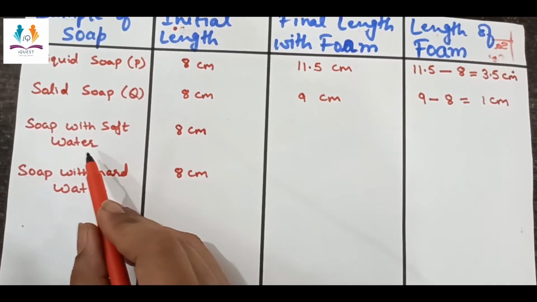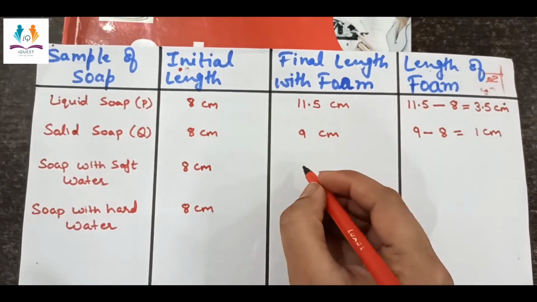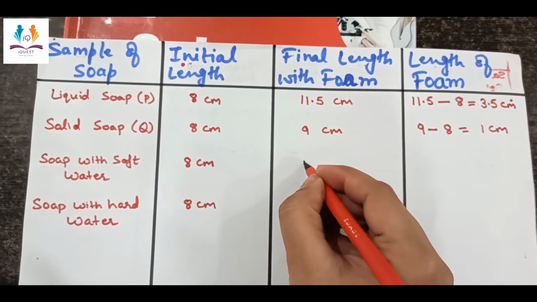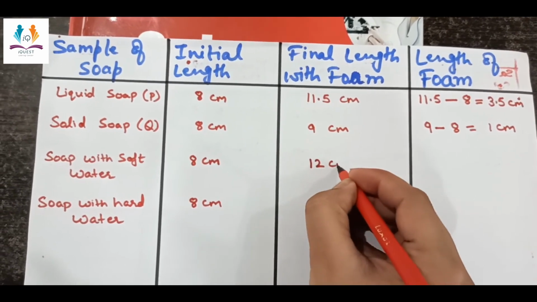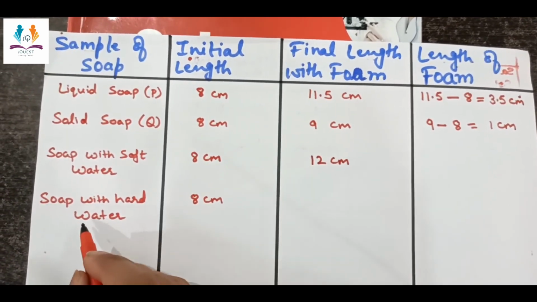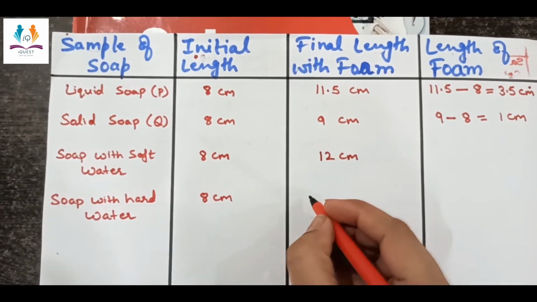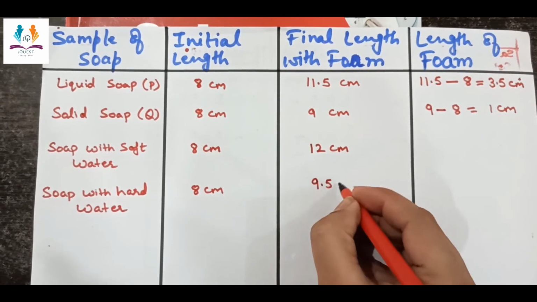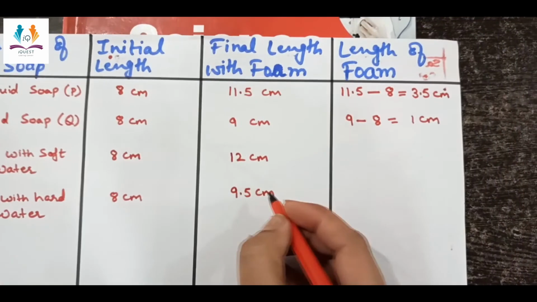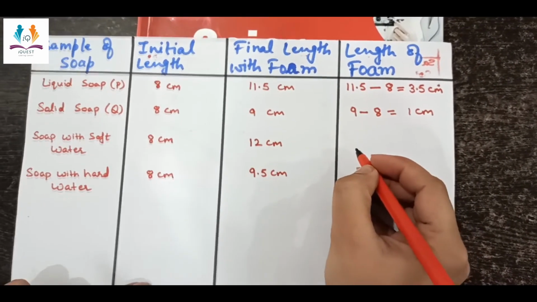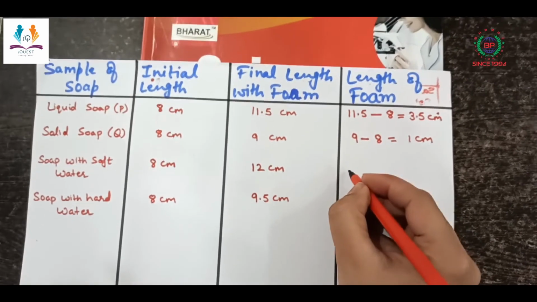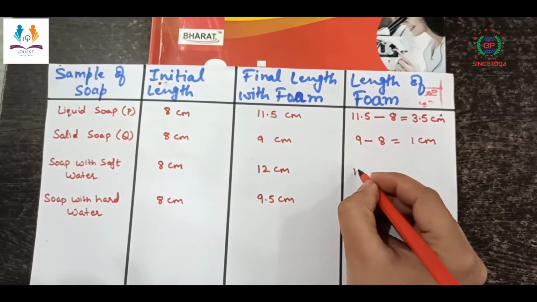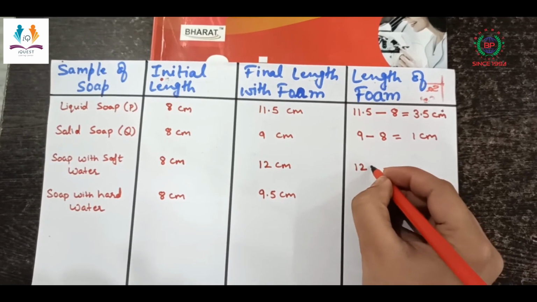Now the final length of the soap with the soft water was 12 centimeter and the soap with the hard water with foam was 9.5 centimeter.